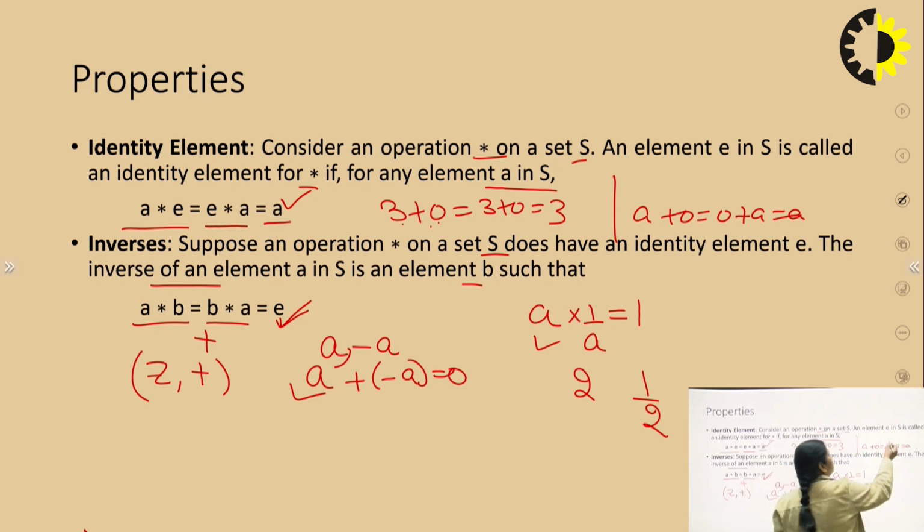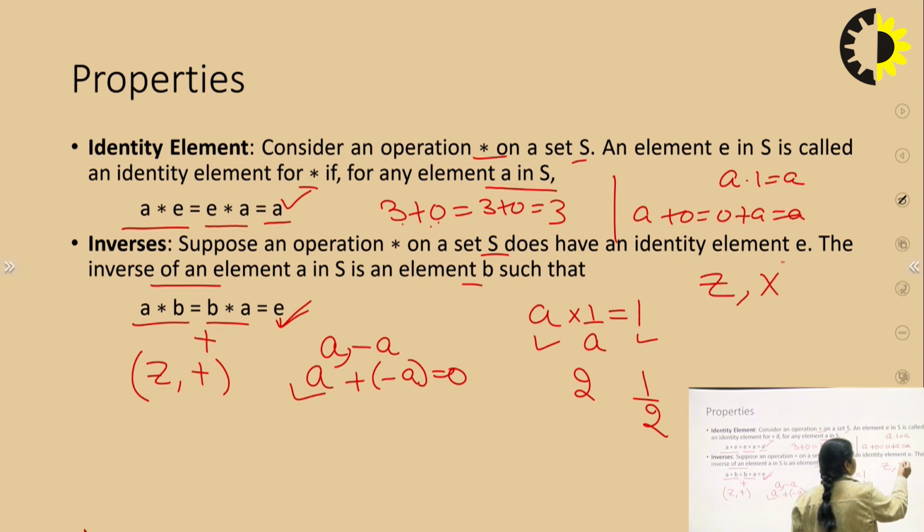I multiply 1 with anything, I'll get the other element in the answer. But 1 by 2 is not an inverse. So when I take the set of integers with multiplication, it has an identity, but it does not have inverses.